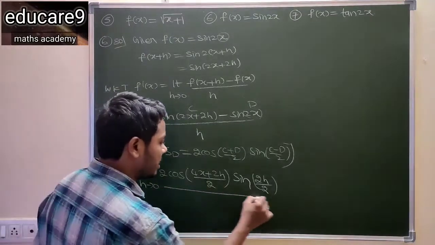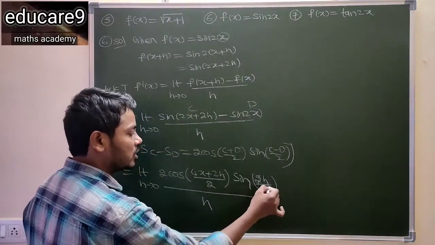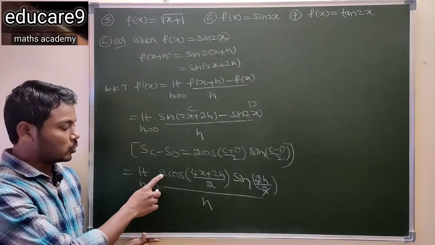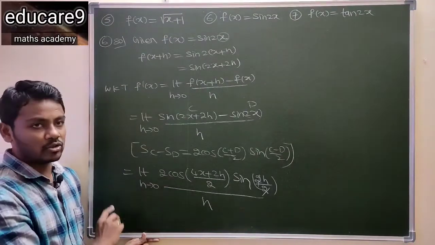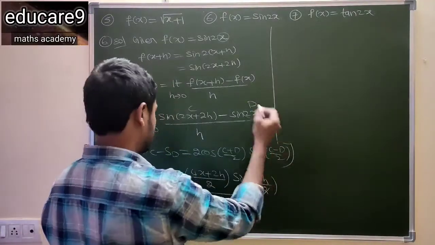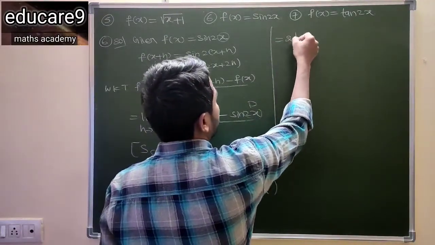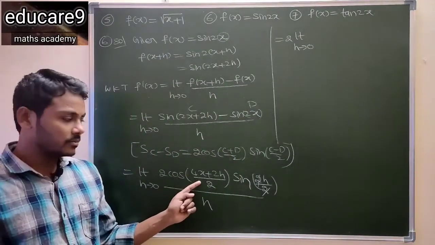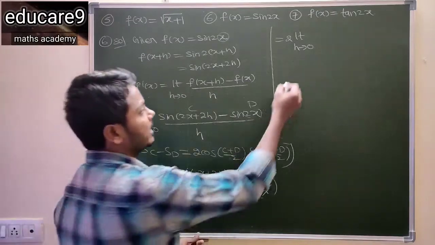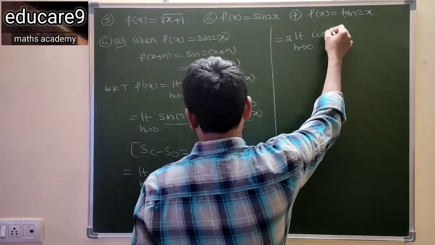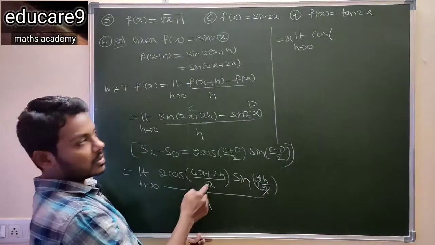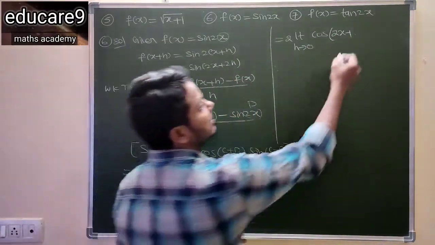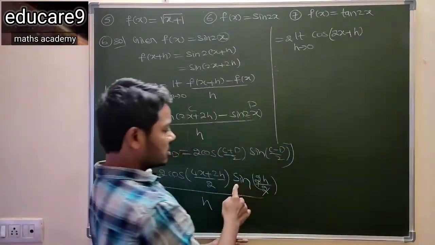So again divided by what? h. Here 2 gets cancelled. Now 2 does not depend on the limit, so write it outside the limit. So this is 2 into limit h tends to 0. So how to write this one? Divide with 2, you will get cos of 4x by 2, you will get 2x plus h, into sin h by h.